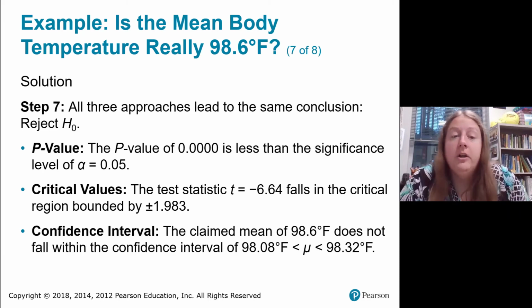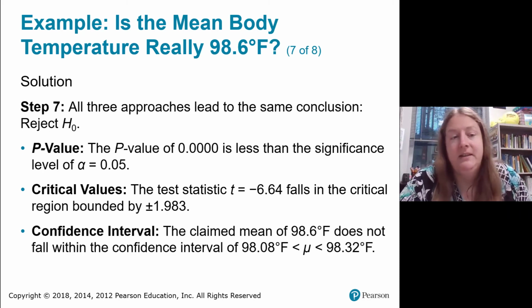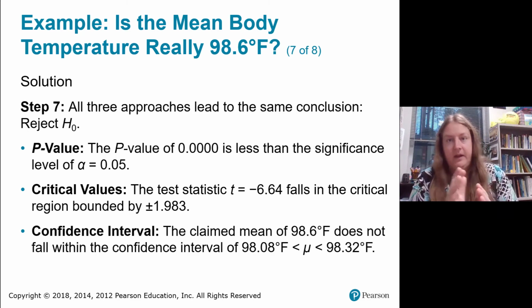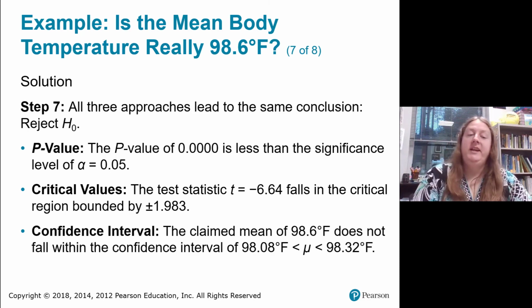So our solution: all three of our approaches lead to the same conclusion. The p-value is less than the significance level of 0.05, so we can conclude that it is in fact significantly different. For the critical values, our test statistic of negative 6.64 falls into the critical region, that is, the values outside of plus or minus 1.983.